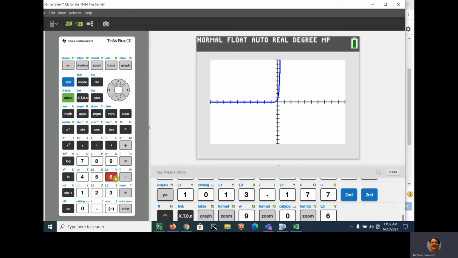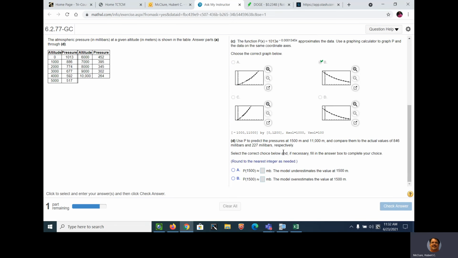I don't think that's right. I'll have to look at this one again. They're only asking you to graph it, but I don't understand why it's not.